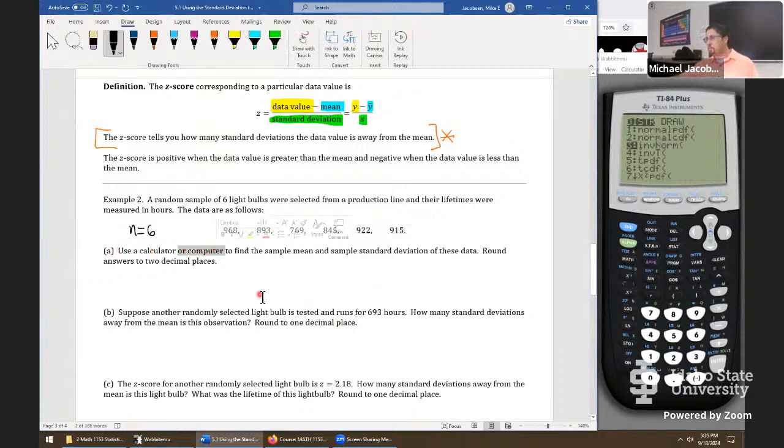This is kind of weird. This is more if you're working at home, but I would say using your calculator is the major way we're going to do this, to find the sample mean and sample standard deviation of these data. Well, notice how this question is being asked. It's not asking you to find y bar, although it said it in words. It's not asking you to find s, although it said it in words, standard deviation.